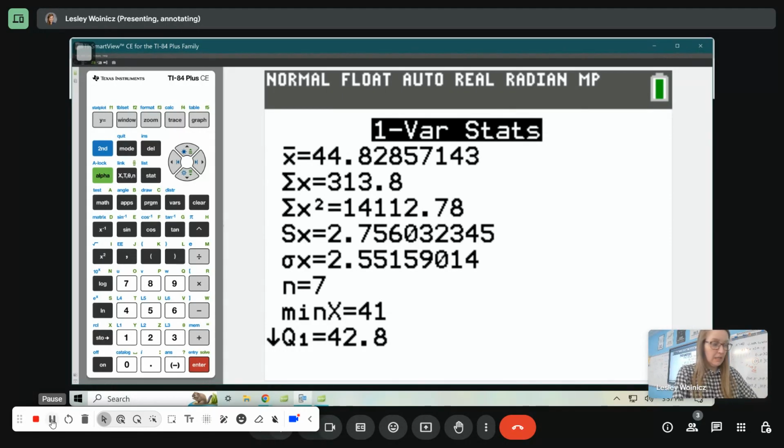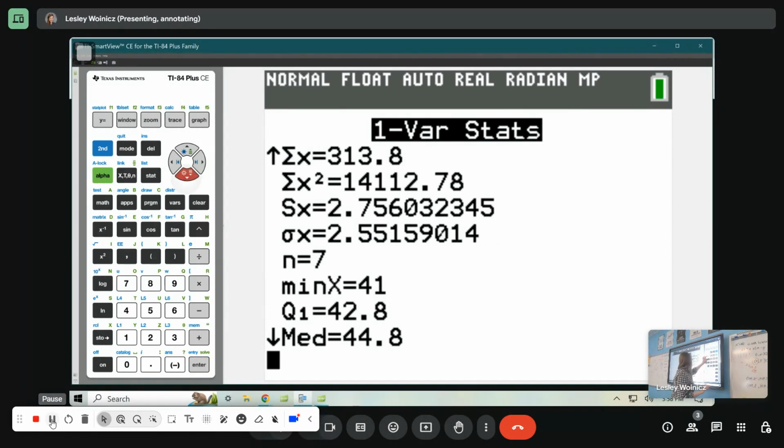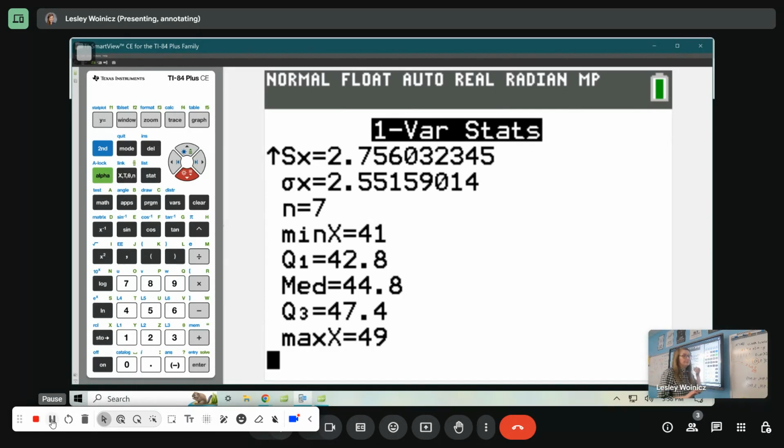So for my mean, I have 44 point, let's do 3 decimal places, 829. The mean is that X with the angry unibrow. Okay, I have to arrow down to get my 5-number summary. It says my median is 44.8.